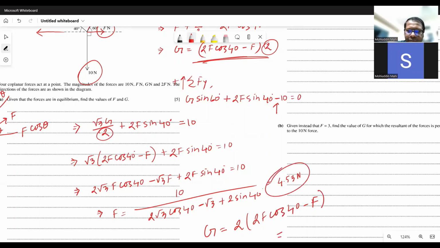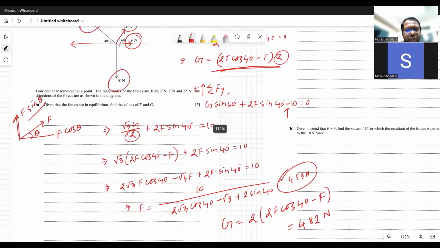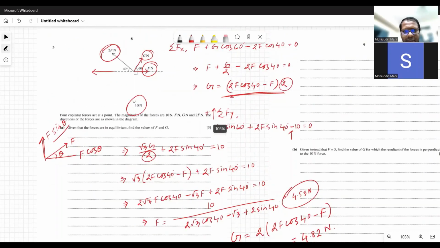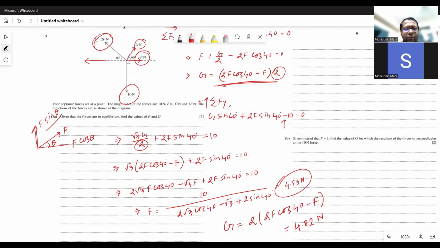Put the value of F here, then the value of G is going to be 4.8. In this way, you can solve this question, and you can see that the calculation is quite lengthy. Definitely it is, because the question is carrying 5 marks. So definitely you need to do some calculation to achieve those 5 marks.